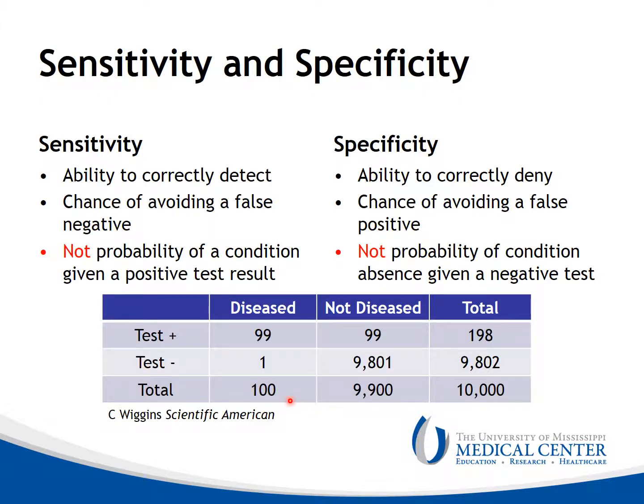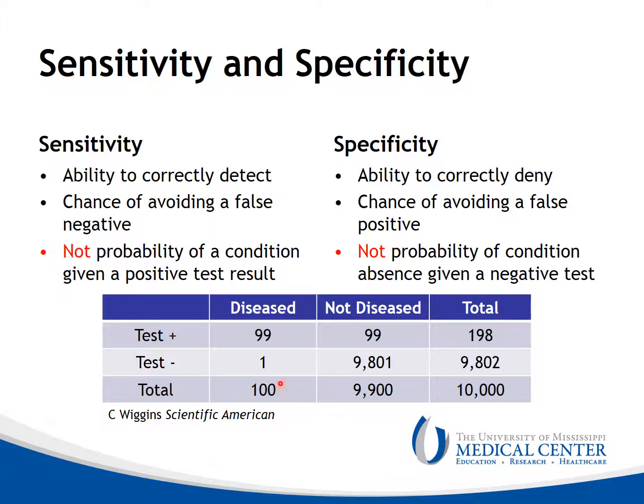And then suppose you test for the disease using a test that has a sensitivity of 99%. And so out of the 100 who are diseased, only one of them will you fail to detect, and you will detect 99 of them.